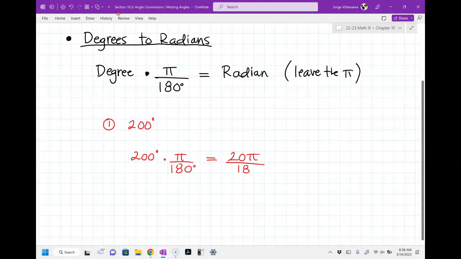So I can reduce 20 and 18 by 2. That gives me 10 pi over 9. And that's it, that's my answer, because there's nothing more I can reduce that by. And I want you to leave the answers in terms of pi. So this is how many radians it is, okay?